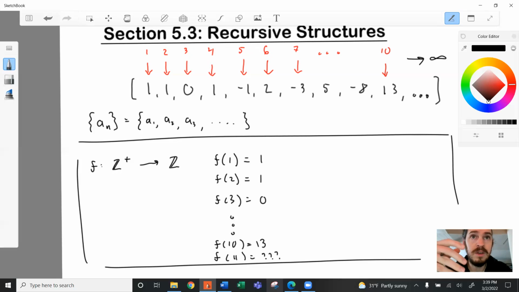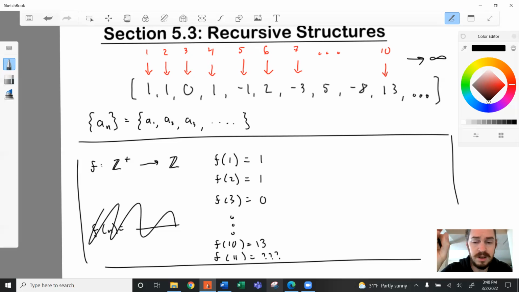Now, some sequences have what's called an explicit formula, or an explicit definition, where you can write a function like f of n equals blank, and it's just a formula that spits out the nth term in the sequence. That would be great. Not all sequences lend themselves to that sort of description. So we're not going to do that. That's an explicit description.